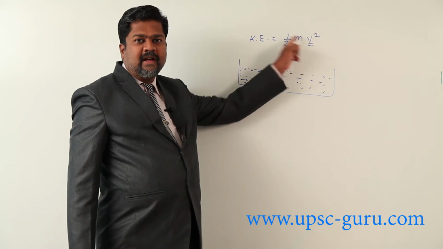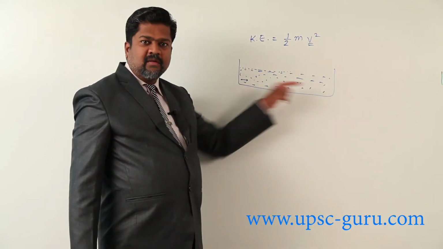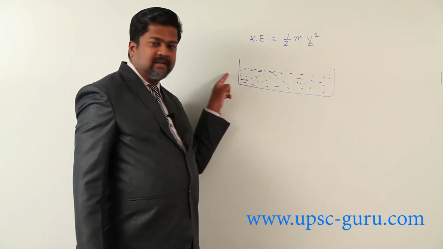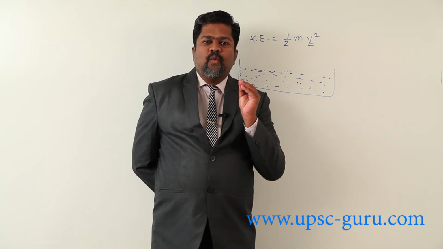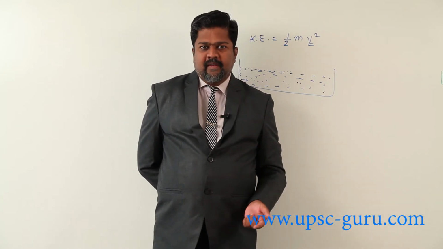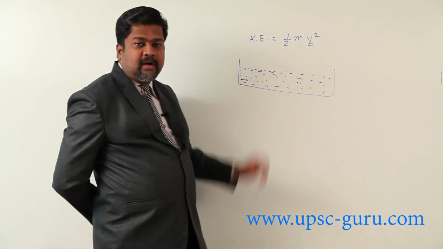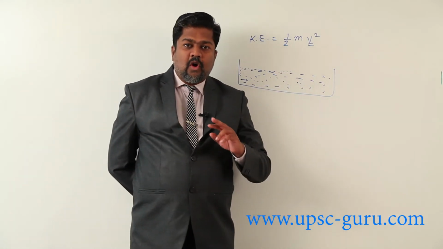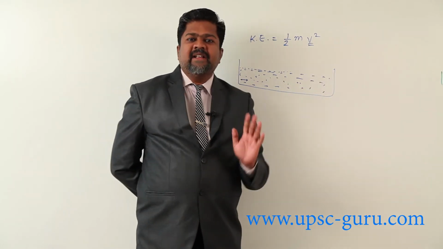Only v increases and not m. So the molecule will initially move like this, but on heating it can move like this. Getting the idea? On heating, molecules start moving with greater speed, and as a result their area of occupancy increases, and ultimately we get a slight rise in volume.